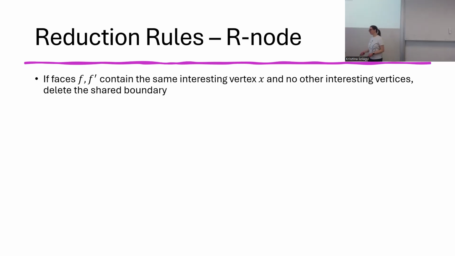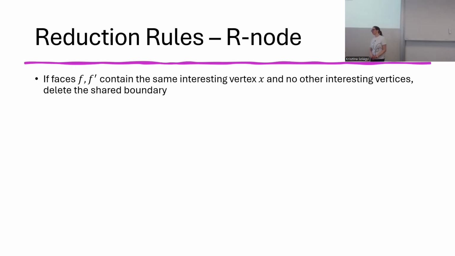Working with this embedded face cover, we can also have some more reduction rules that are relatively intuitive. If I have two faces that contain exactly one interesting vertex, for example, they contain exactly the one terminal that is the same and nothing else that we care about, then I don't care whether I use f or f prime in my embedding, and I will never want to use both of them because they cover exactly the same thing.